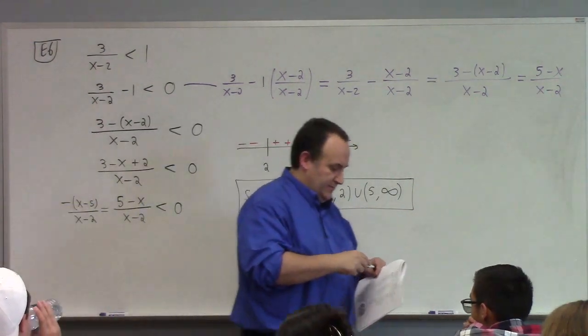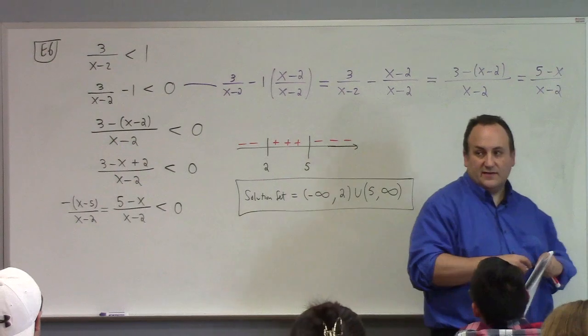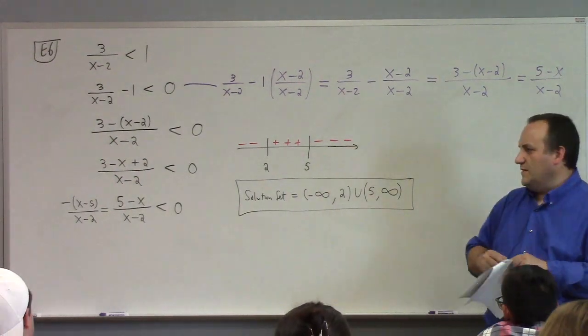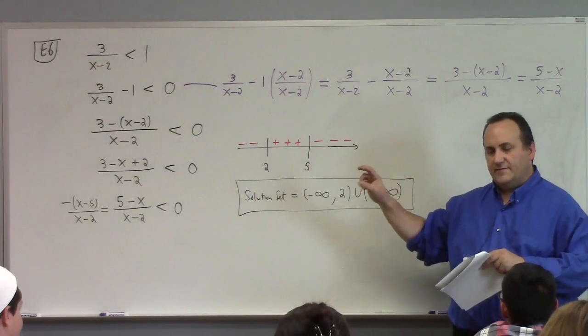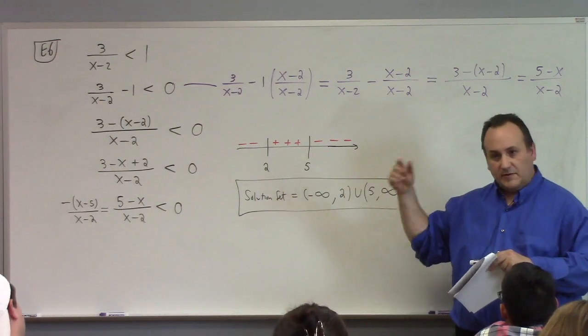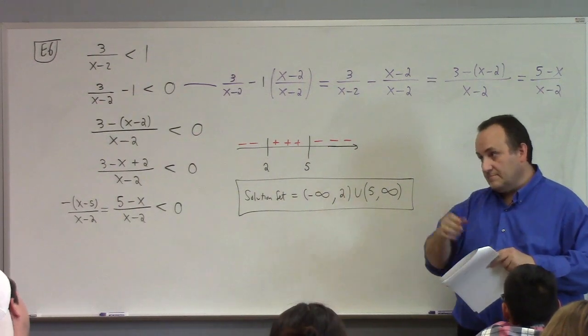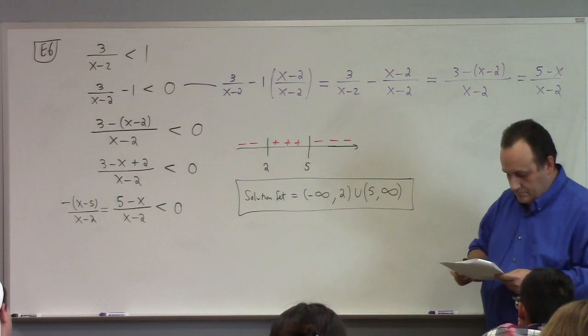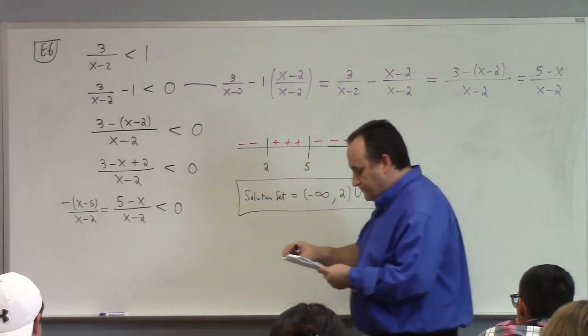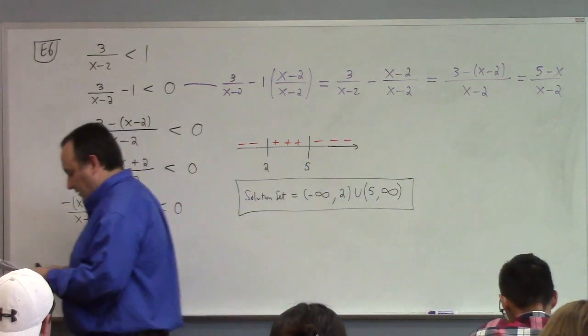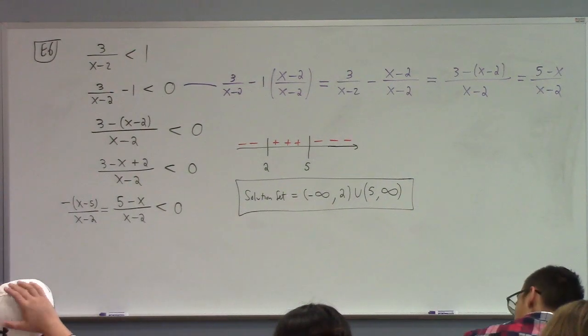That's why they're both positive. It's the 5 and the 2. The question, Michael, is what makes the factor be 0? That's where the critical number is, okay? That's good? Yes?